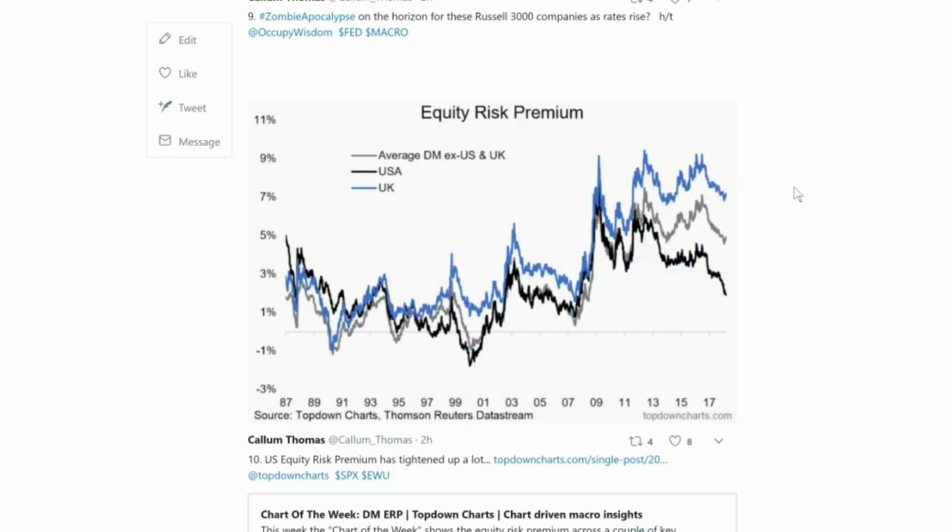And speaking of bond yields, this one here is the equity risk premium, which factors in bond yields and the absolute PE ratio valuations. It has come down very significantly for the US. You can see it's still higher than where it got to at the height of 2007.